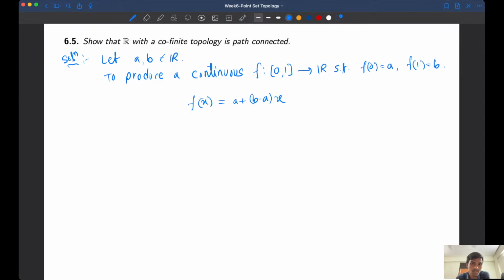Or in particular you can say that f inverse of a closed set is closed. So why is that true?